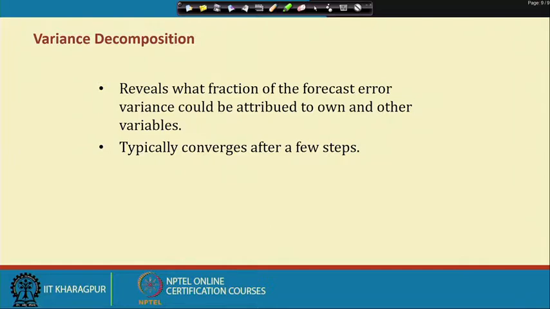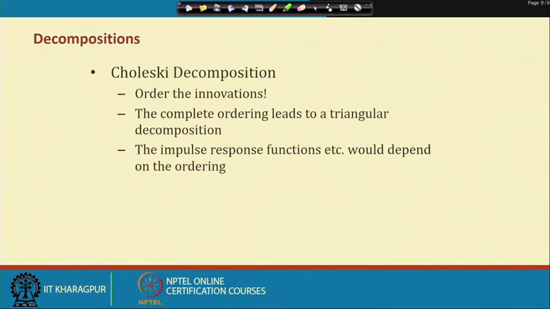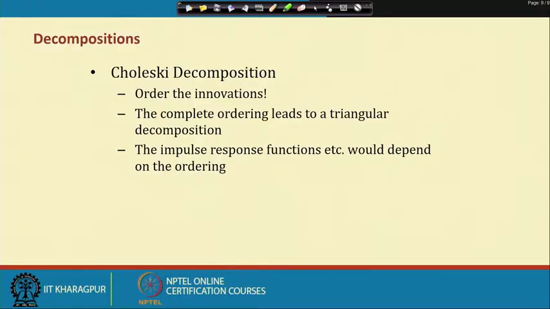Typically it converges after a few steps, and if this is the case, then we know the reliability of the model and some robustness we are bringing. So, we are ordering the innovations, and completing the ordering leads to a triangular decomposition, and finally the impulse response functions depend on this particular ordering.